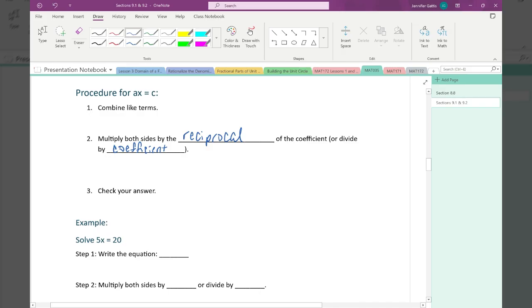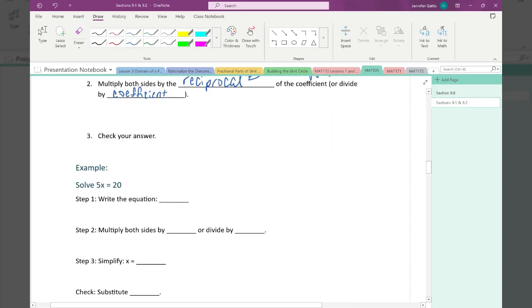Now, I've thrown out a pretty big word there, reciprocal. So what does reciprocal mean? Okay, so if we have some number x, the reciprocal of x is 1 over x.